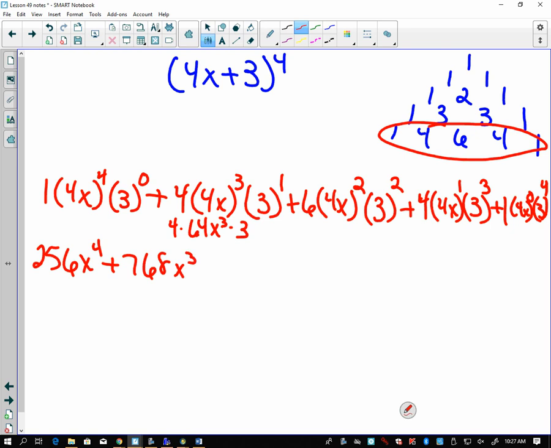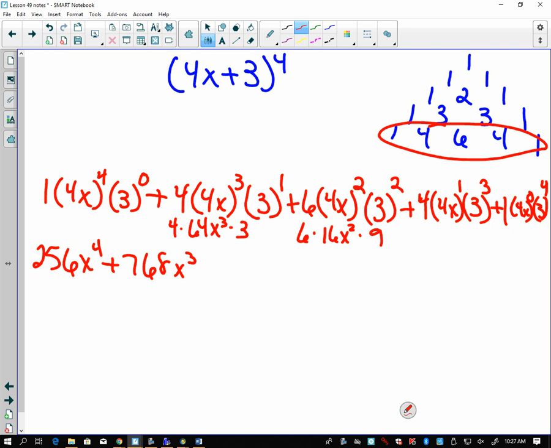Now, we also notice that in this case, we're going to start at 4 and work our way on down until I get a constant, which means my variable will be to the 0 power, and I'll just have a number at the end. So let's come down here. Now I have 6 times 4 squared, x squared, 3 squared. So I have 6 times 16, x squared times 9.